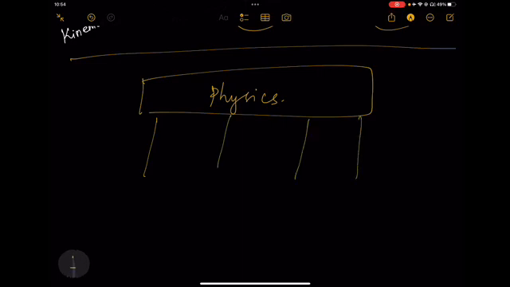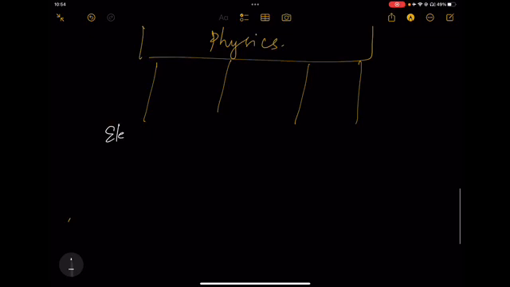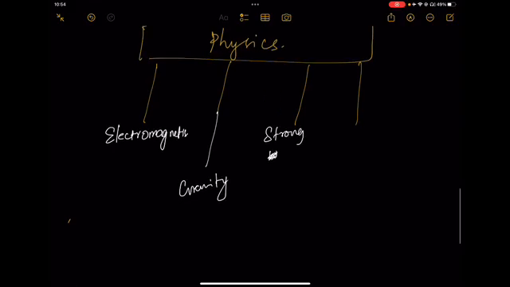See, the basic physics, the physics nowadays, has 4 pillars. The first pillar is electromagnetism. There are 4 forces of nature, they say. The first is electromagnetism, the second is gravity, then strong nuclear force and weak nuclear force.